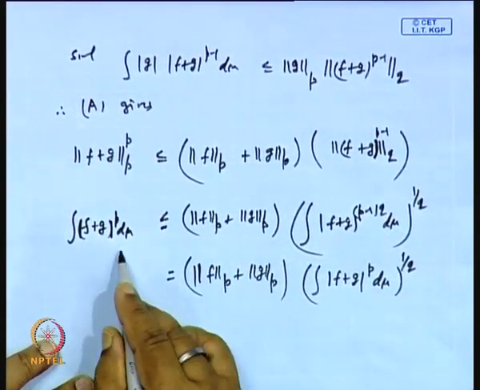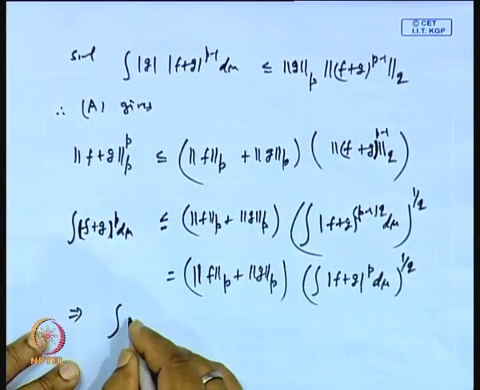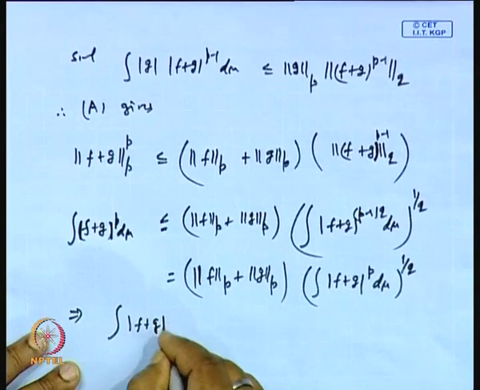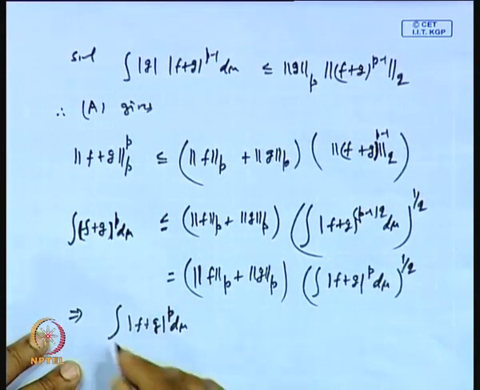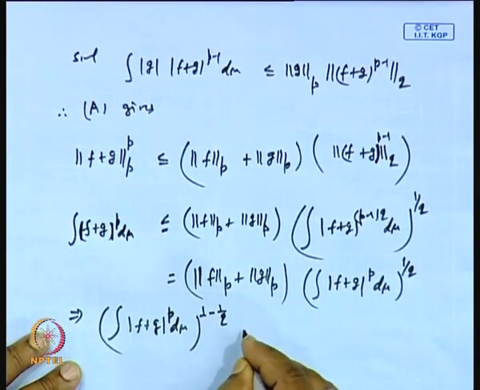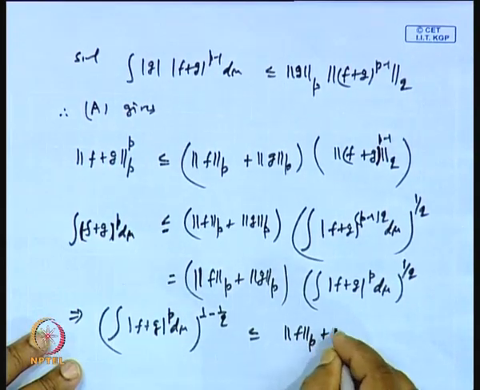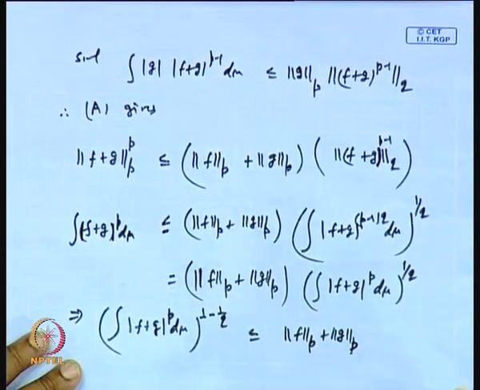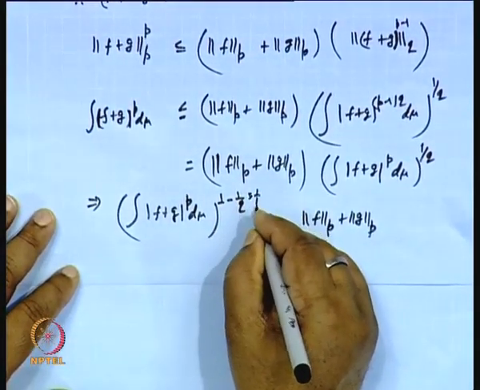Now, here this will carry. So, if we take it from here, then we get the integral of mod f plus g to the power p d mu, raised to the power 1 minus 1 by q, is less than or equal to norm f p plus norm g p. And now, 1 minus 1 by q is 1 by p.